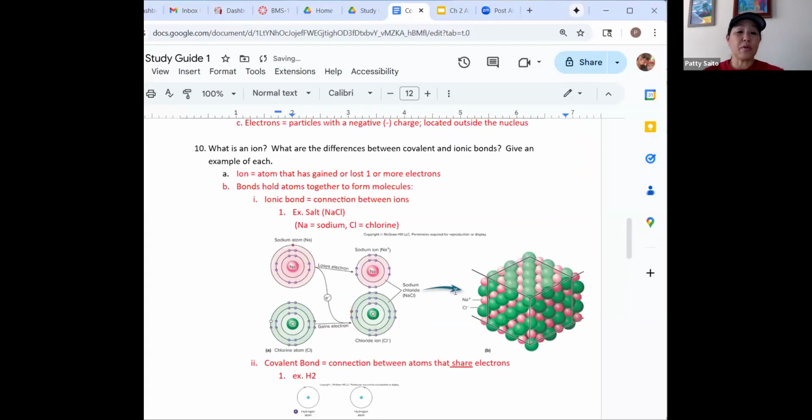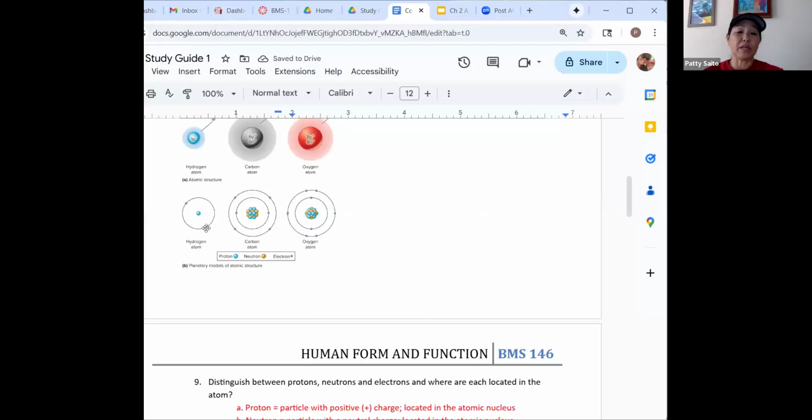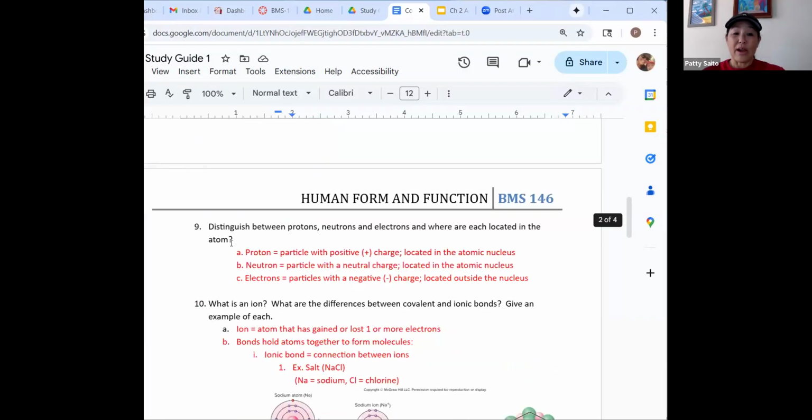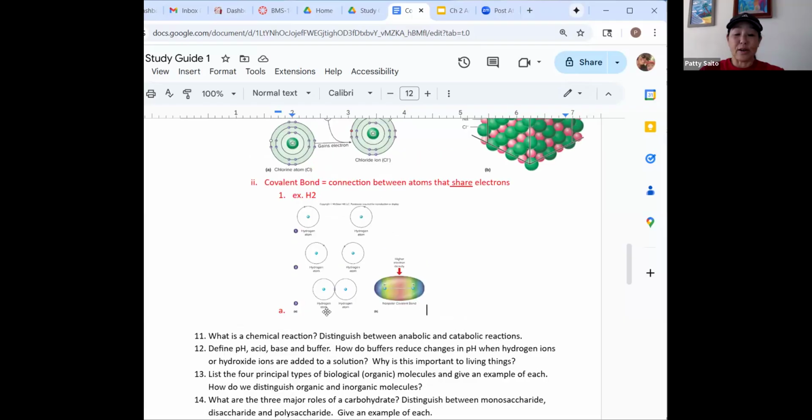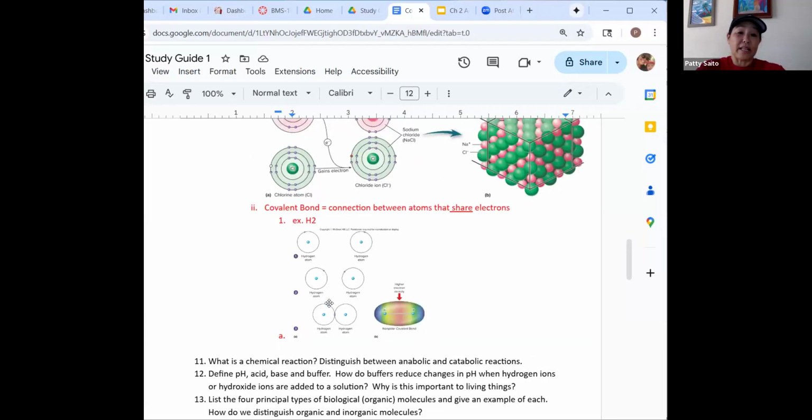I mentioned before that hydrogen only has 1 proton and 1 electron, and we want to fill that outer level. Since it's only 1 electron, it doesn't quite fill that first energy level. So what does it want to do? It wants to fill it. So it borrows, shares an electron from another hydrogen atom, and together those 2 electrons spend time on both of those atoms.